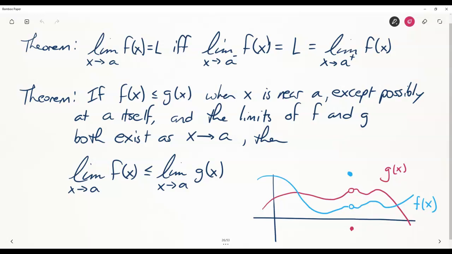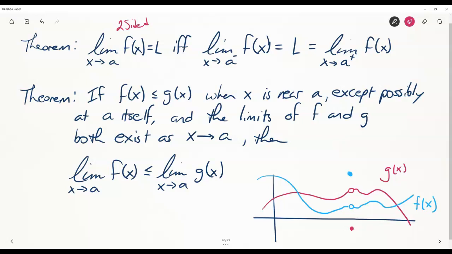Okay, and this first theorem that I've got written at the top of the screen, I already said this last week, that what this first theorem says is the limit on the left, x approaches a of f of x equals L. This one right here, this is the two-sided limit. That the two-sided limit is equal to a number if and only if. So if you ever see IFF, especially in mathematical texts, that means if and only if.